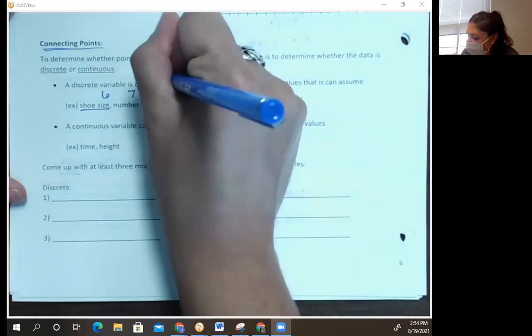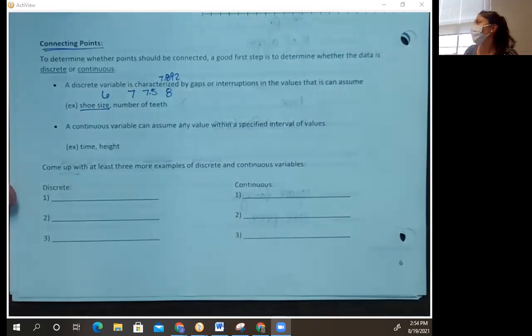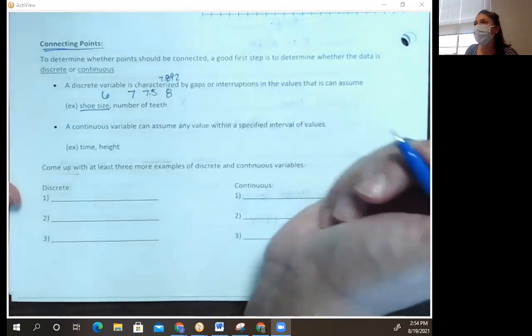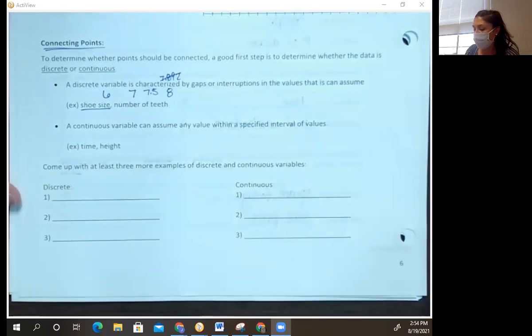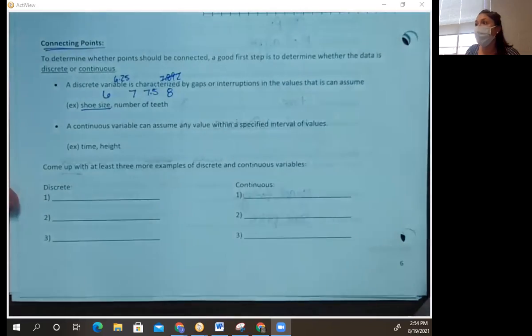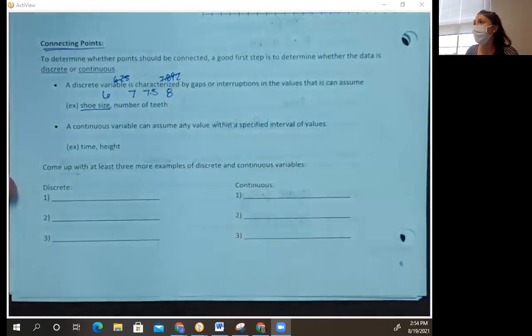Can you have a shoe size of 7.892? No, right? If you go to the store and look for this number on a shoebox, you are going to be very disappointed. That's not a shoe size. Can you have a shoe size of 6.25? No. You can have whole numbers. You can have halves. That's it.